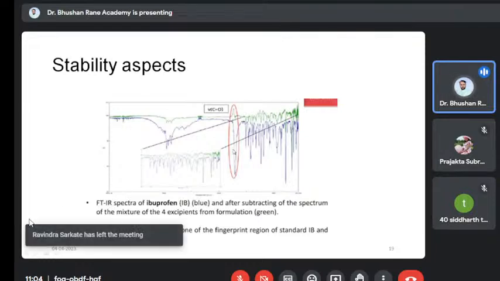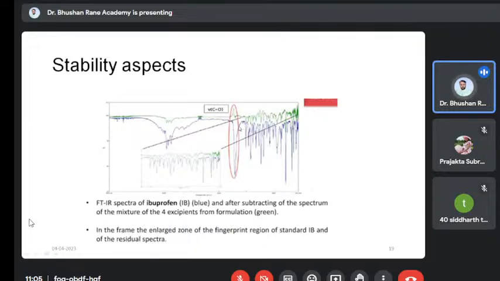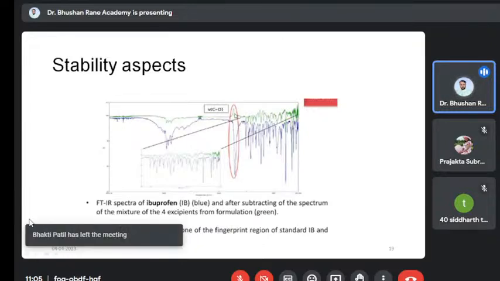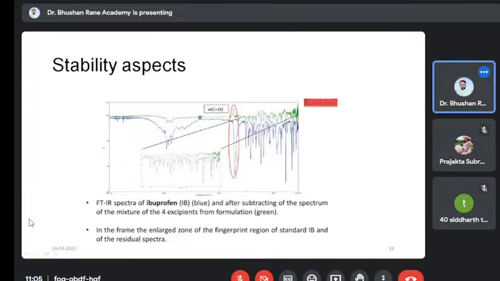So here, in the case of ibuprofen, at 1721.5 centimeter inverse, the peak must be observed, while in the formulation, a positive peak is observed. That indicates that the drug molecule has interacted with the excipients used.